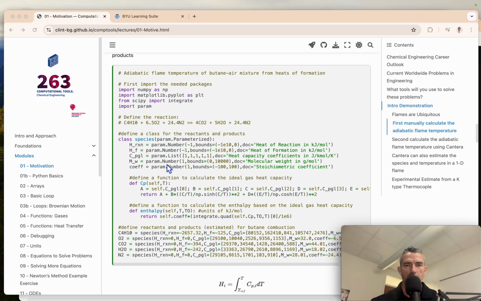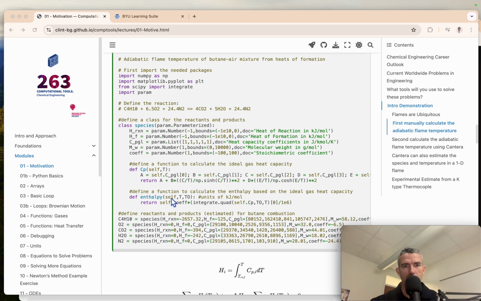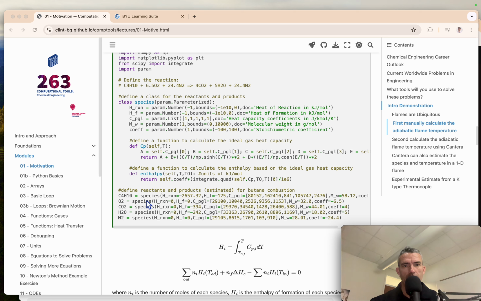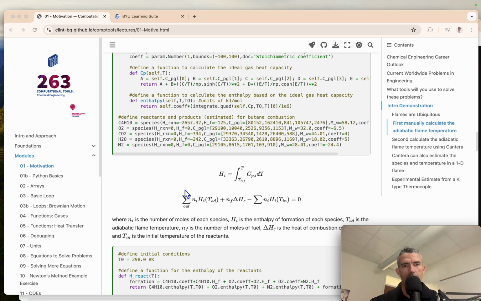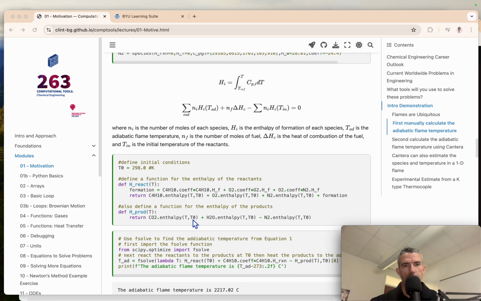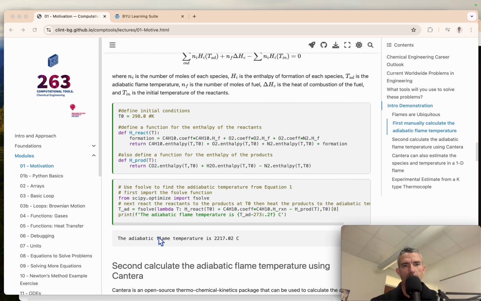We'll talk about what objects are, what loops are. This is a function. We'll talk about functions and the inputs to those functions. And then calling the object, making from the class, making an object for the different species that are involved. And then using those species to calculate the adiabatic flame temperature.